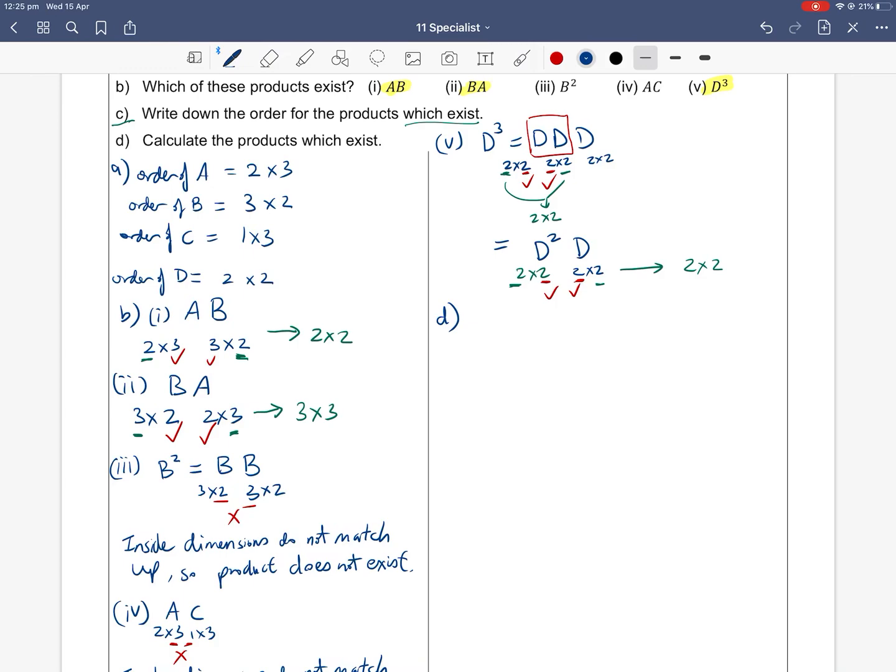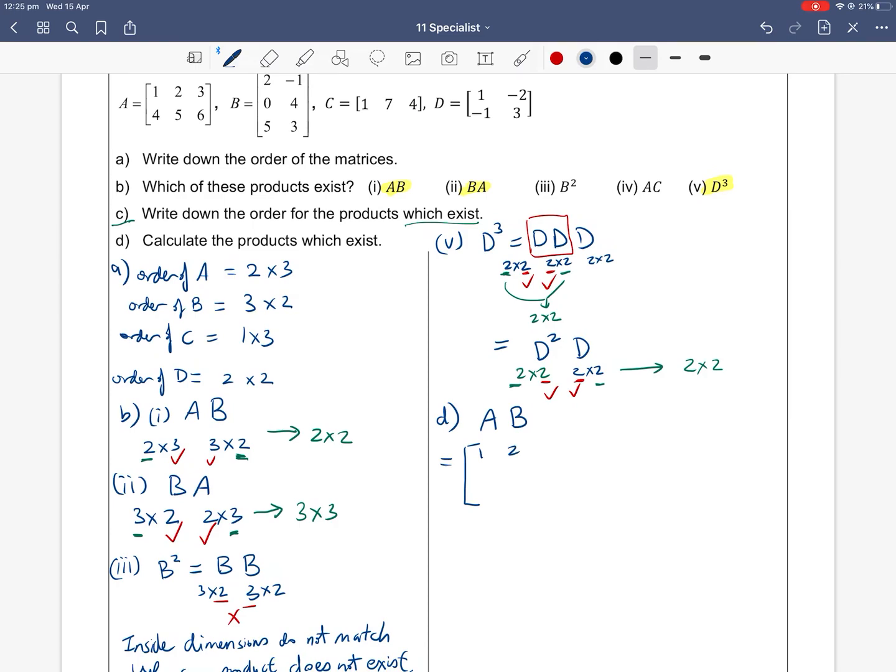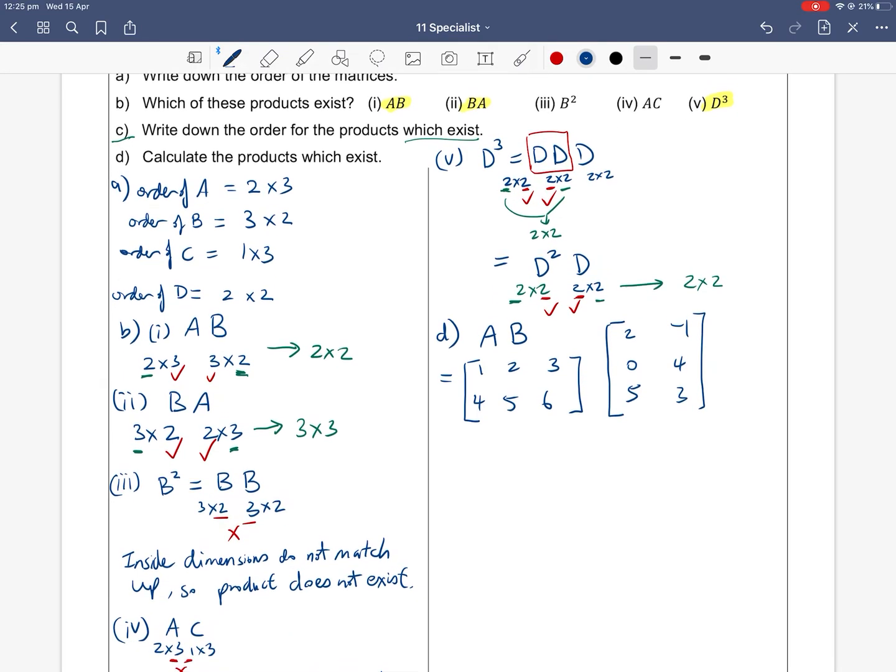So part D, let's work out A times B. So let's first substitute the matrices in. So A was 1, 2, 3, oops, make sure you have gaps between your numbers, 4, 5, 6 times, you can write a times symbol if you want to, you don't have to, it's implied, 2, 0, 5 down, negative 1, 4, 3 down as well.